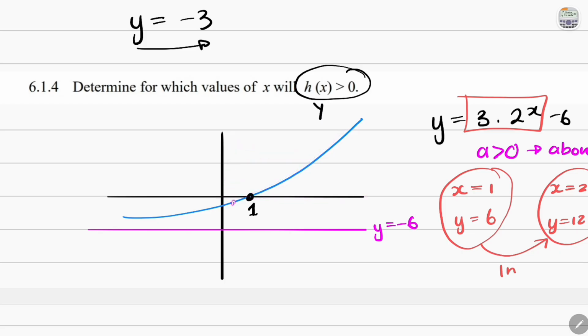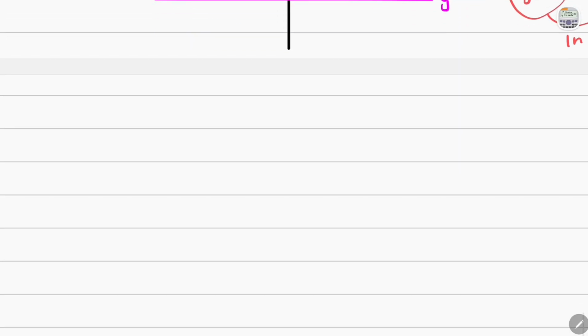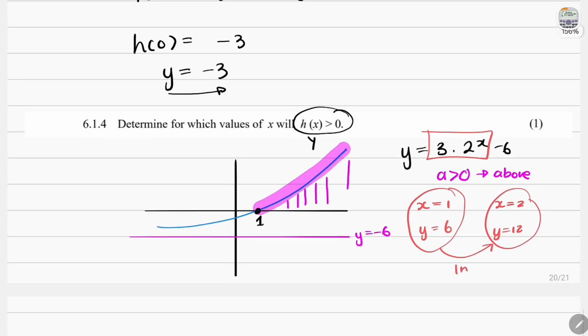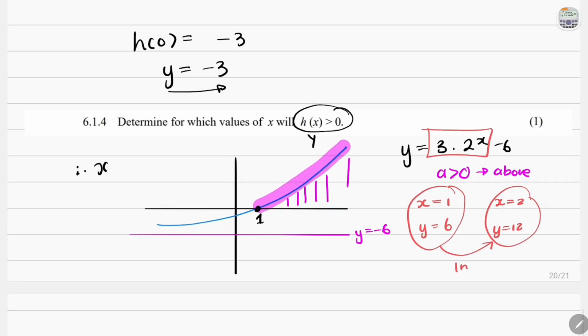And then these ones below the x-axis are where your y values are less than 0. If you line this down to the x-axis, you can see that this is where x is simply greater than 1, numbers to the right-hand side of 1. So that would be our answer. We just tell them this is where x is greater than 1.